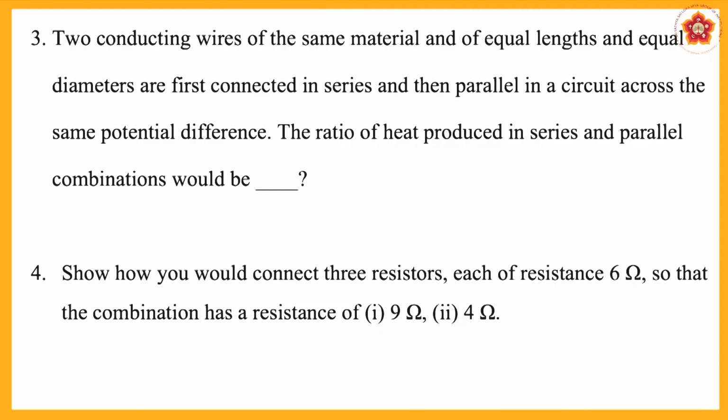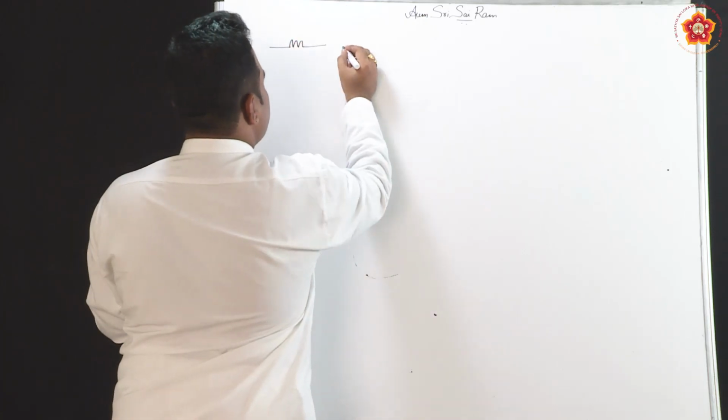Let us see the next one. The last question they are asking: how would you connect 3 resistors, each of resistance 6 ohms, so that the combination will have a resistance of, in the first question, 9 ohms, and in the second one, 4 ohms. There are 3 resistors and each resistor has a value of 6 ohms.